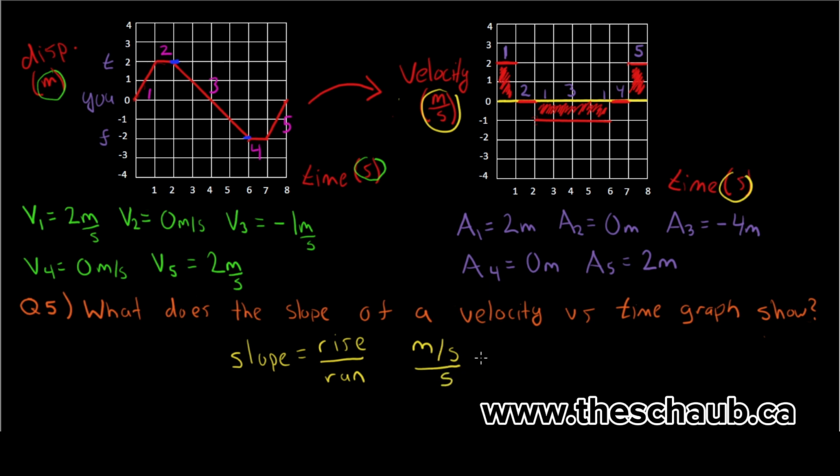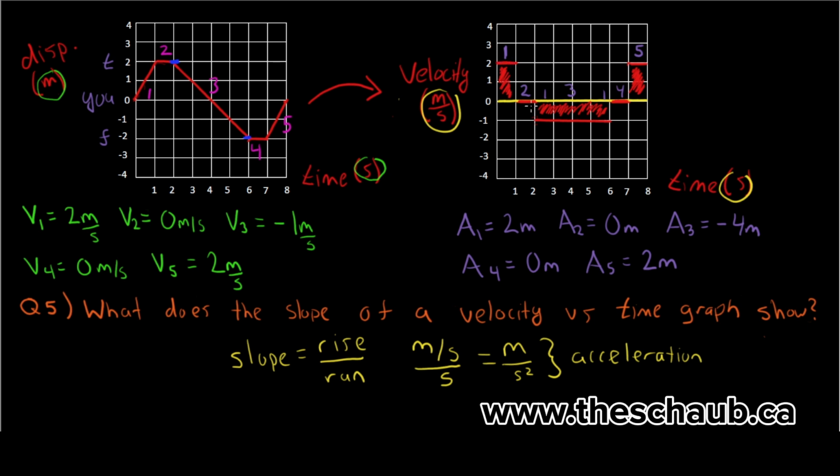Meters per second divided by seconds gives us meters per second squared. And these are the units of acceleration. So the slope of a velocity time graph shows acceleration.